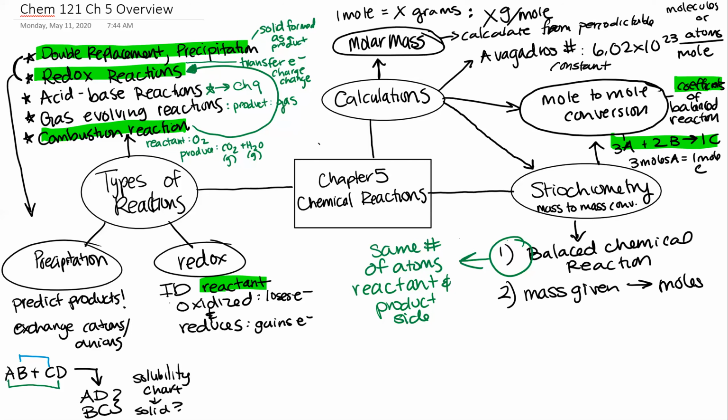So if I'm given 1.0 grams of A, I'm going to convert that using molar mass into moles of A. And that's going to be using dimensional analysis to set up our conversions. That'll be my molar mass of A, where I have mole units on the top, and the mass in grams of A.